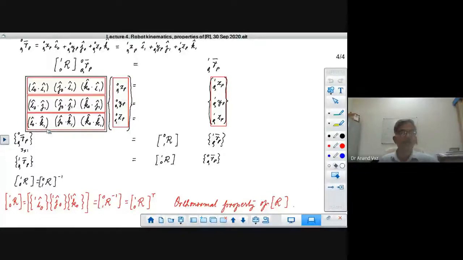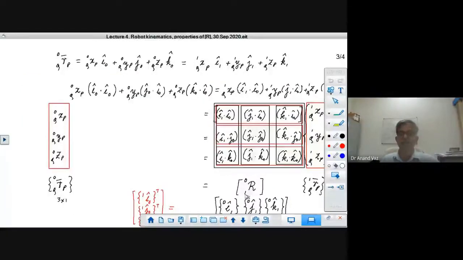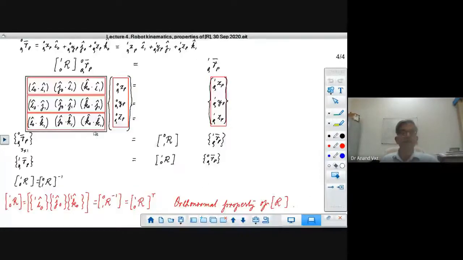And if you see the columns over here, you will see that you have the vector I0 being expressed in terms of the directions of the frame 1. So it is the unit vectors of frame 0 being expressed in terms of frame 1. So this matrix is just the transpose of the matrix we had earlier, that is R1 to 0. And we know that this is also the inverse, so the inverse is actually equal to the transpose in this case.